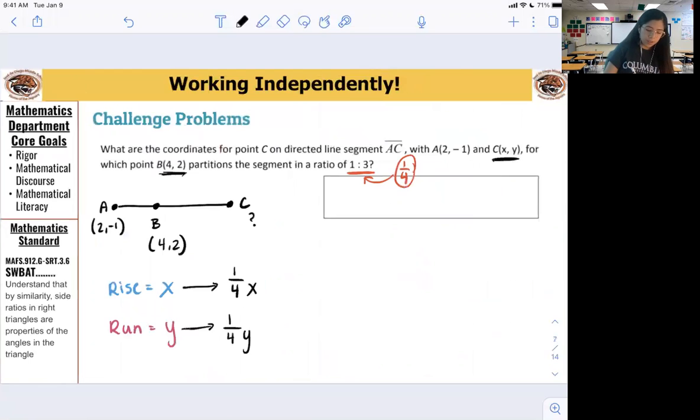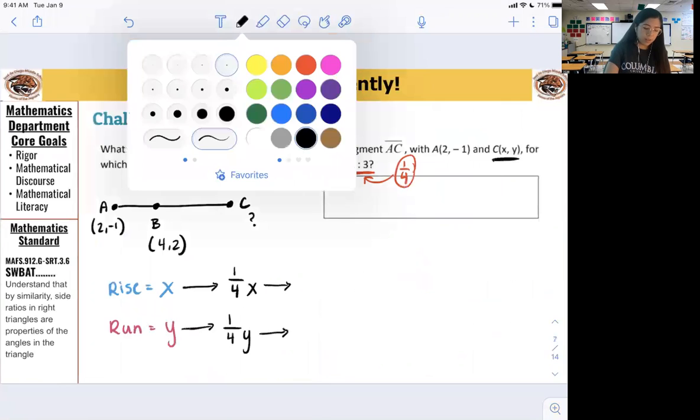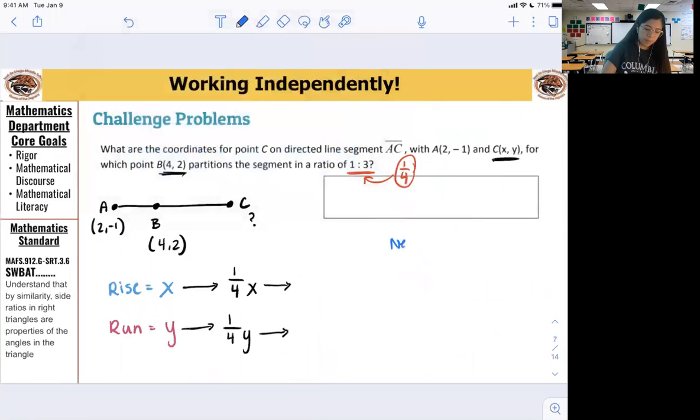And then that would lead us to the new rise and the new run. That's what we can find. We can find the new rise and the new run. So let me do that over here. The new rise between A and B, what would it be? 3 minus negative 1.